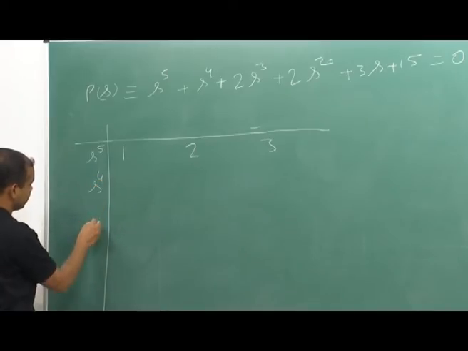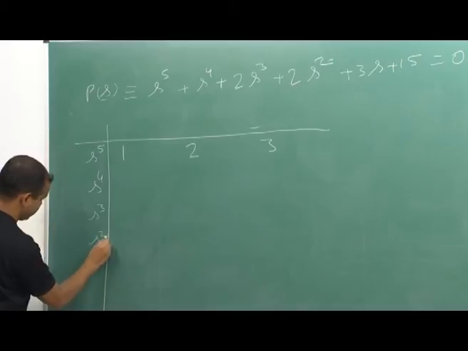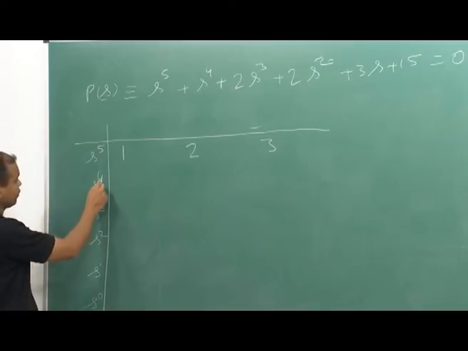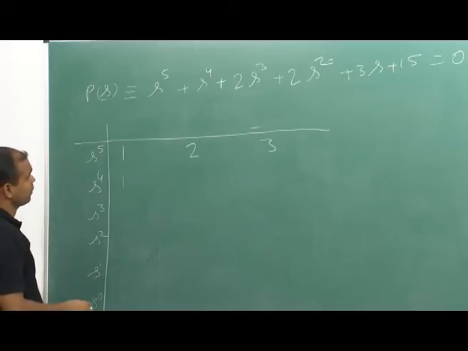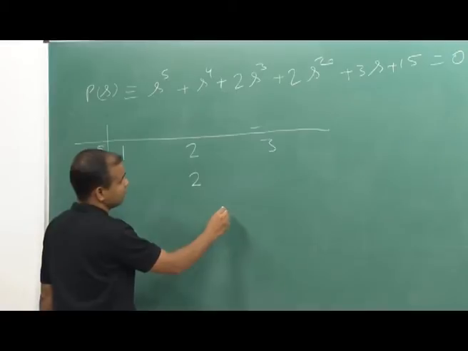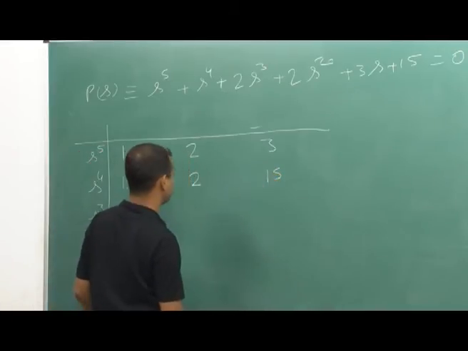In descending order, I will write S to the power 4, S to the power 3, S square, S and S to the power 0. The coefficient of S to the power 4 is 1, the coefficient of S square is 2 and S to the power 0, that is the constant term, is 15.